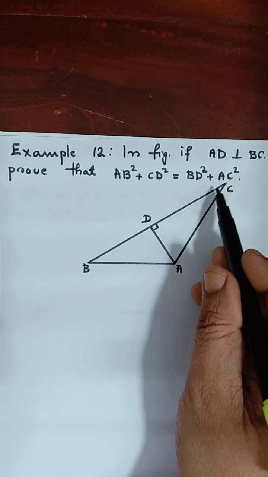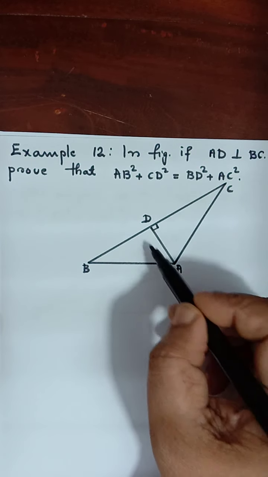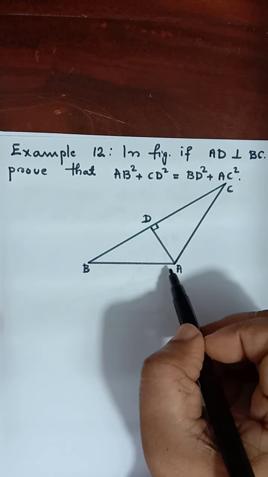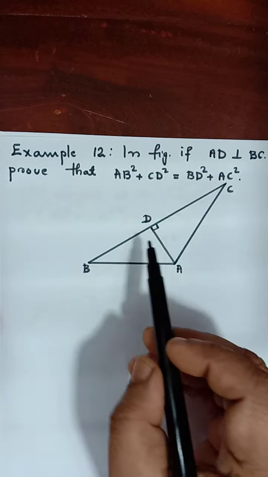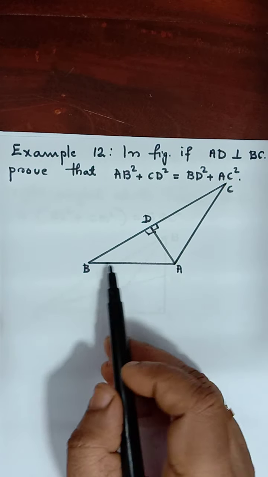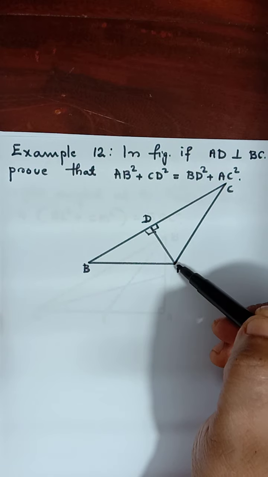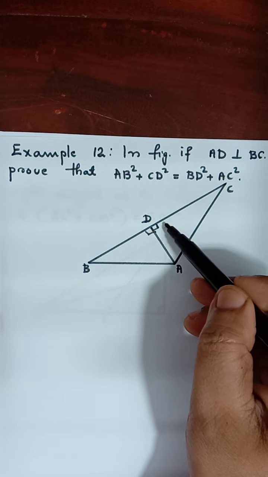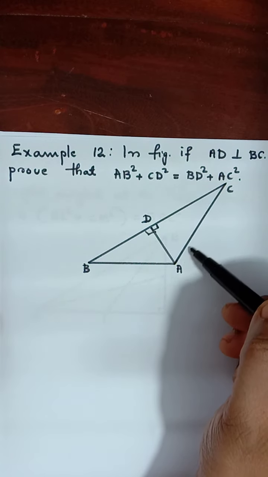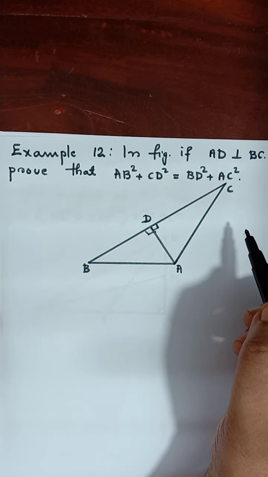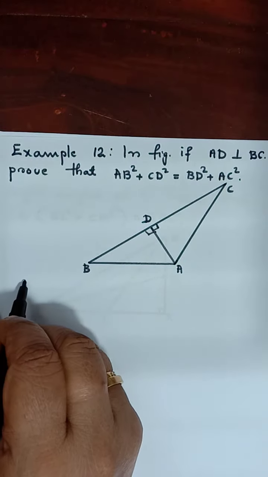We have ADC, a right triangle, and ADB, another right triangle. When we consider the right triangle ADB, if this is the right angle, we can call AB the hypotenuse. The same way, ADC is a right angle, therefore AC is a hypotenuse. We are going to use Pythagoras theorem.